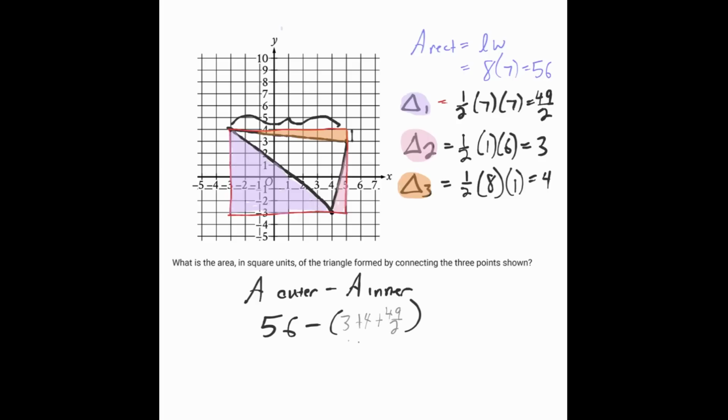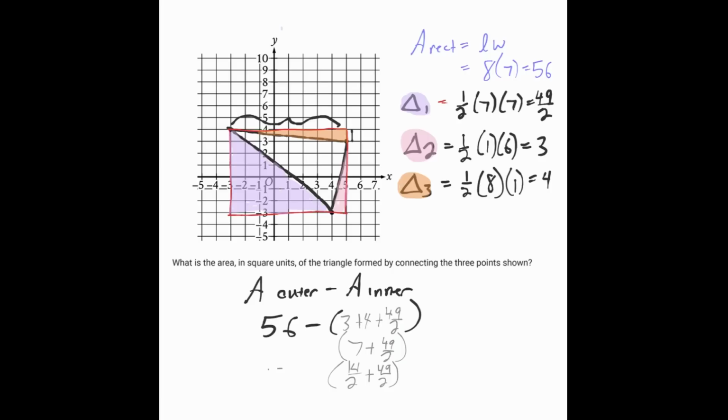So let's simplify that a little. 7 plus 49 over 2. That's 14 over 2 plus 49 over 2. And that's 63 over 2 right there.